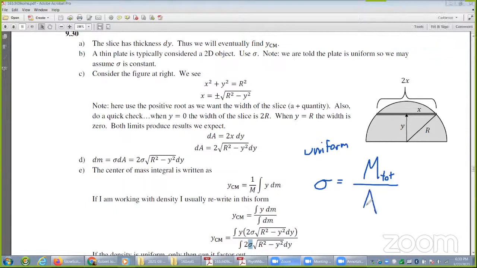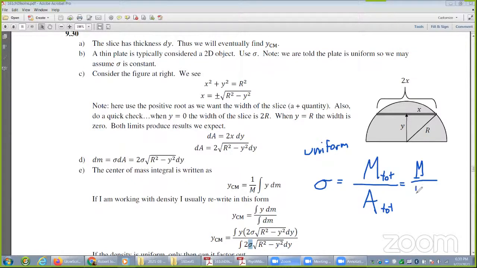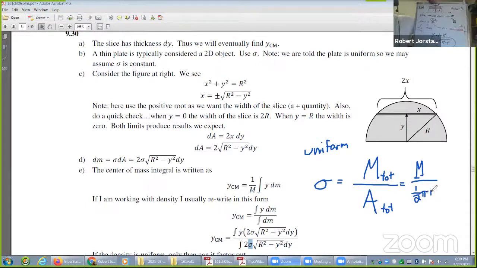Area total. What's the area in this case? What's the area for this shape? 1/2 pi r squared. Yep. And then just like last time, the 2 could be brought upstairs. But as you can see, there's a density here, a density there. These are going to factor out, then cancel out.